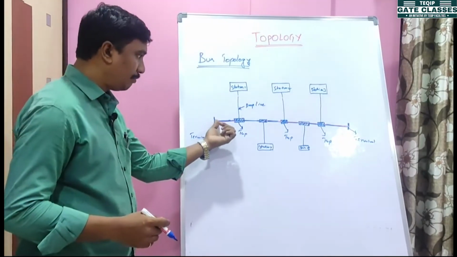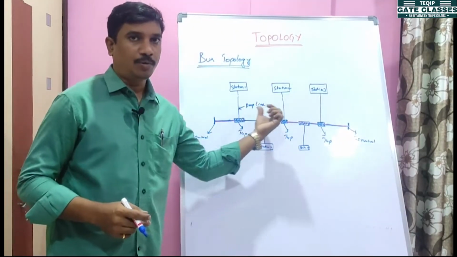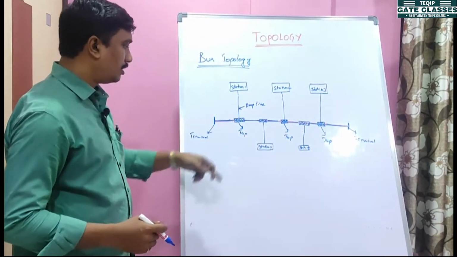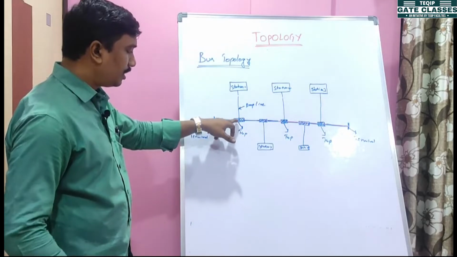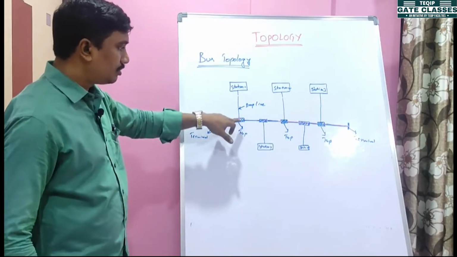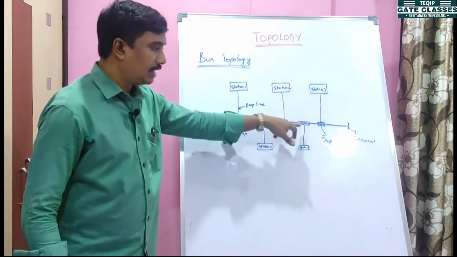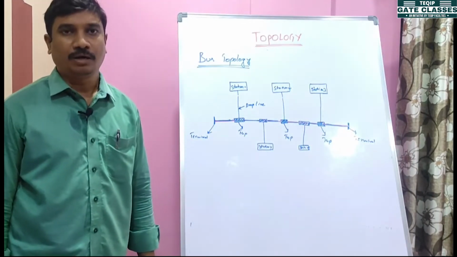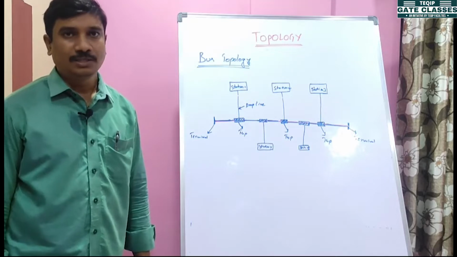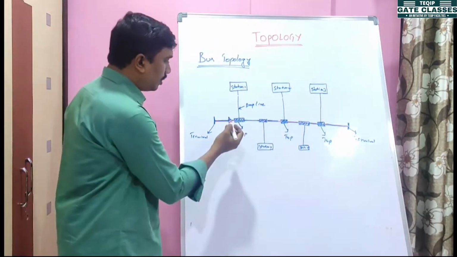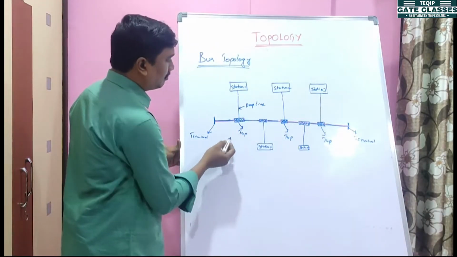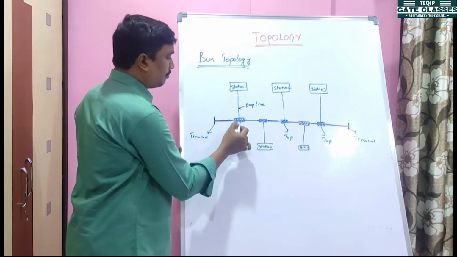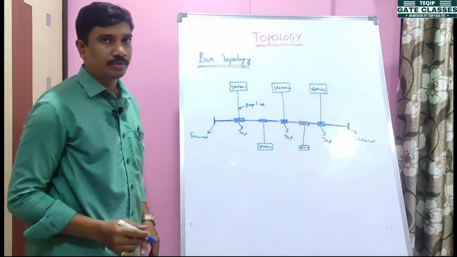The backbone is the bigger one, and the stations take their lines from it, similar to how we take municipal water. So here are the taps and drop lines. A drop line transfers the data from the backbone to the station.